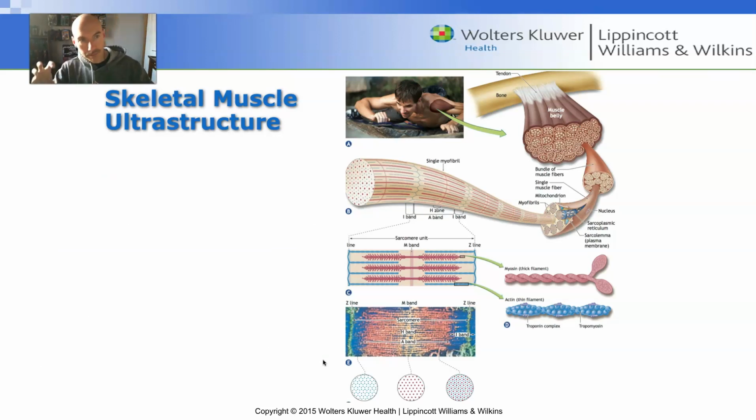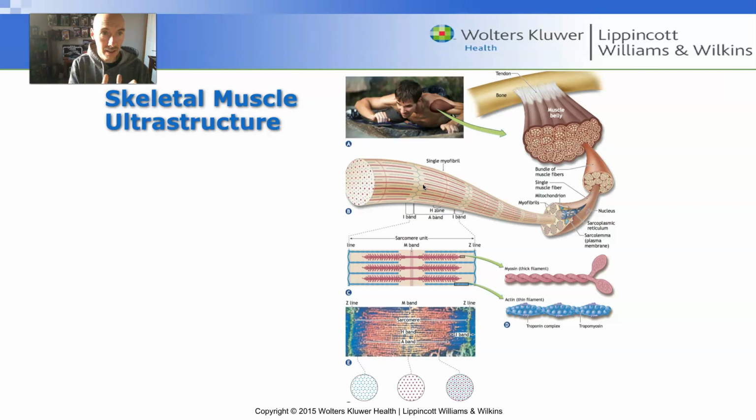So if we pull out an individual sarcomere, which again, a sarcomere is pictured here. A myofibril consists of a series of sarcomeres laid end to end, okay? A lot of people refer to the sarcomere as the individual functional unit of a skeletal muscle.